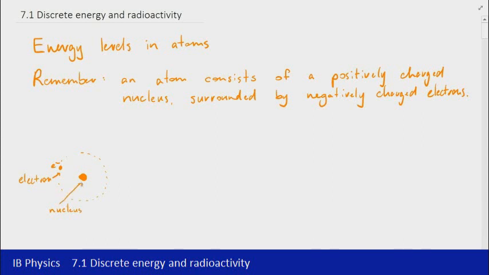Now, this is where we need to start to get a bit more specific about what's happening with this idea of energy levels, and where some of the background of looking at our development of understanding comes in handy. The idea here is that these electrons can't exist in just any orbit.